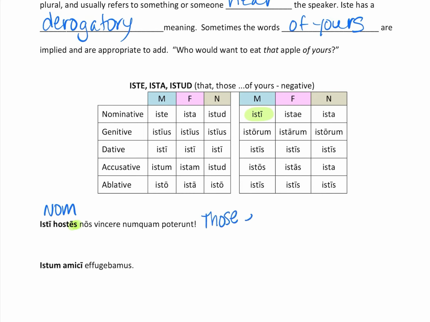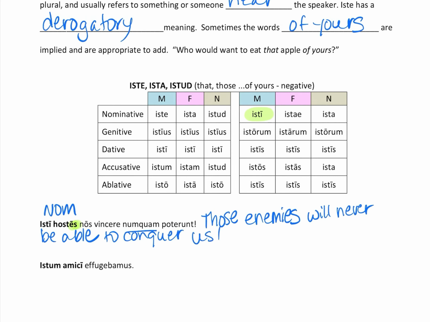Those enemies will never, numquam, will never be able to, poterunt, vincere, to conquer, nos, you just learned that last week, didn't you? Us. So it's said in a derogatory way. Those enemies will never be able to conquer us, right? Isti hostes, those enemies, they both are the nominative.